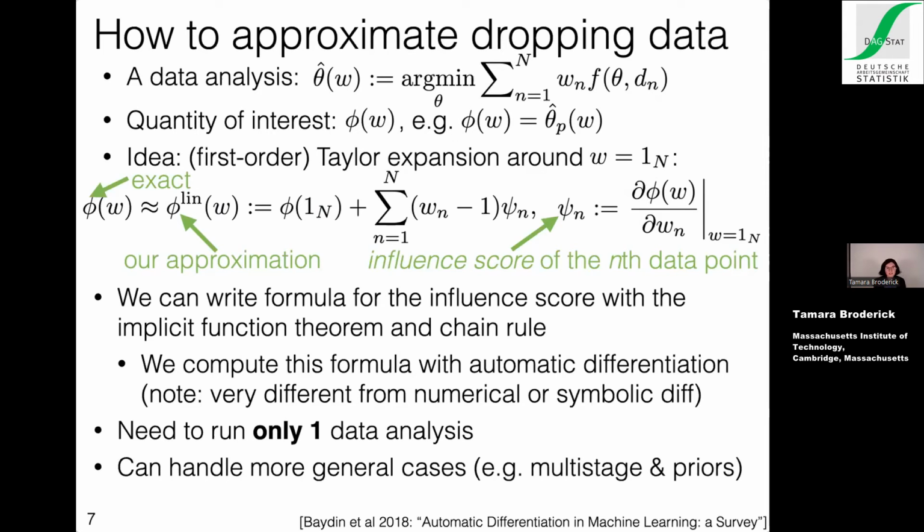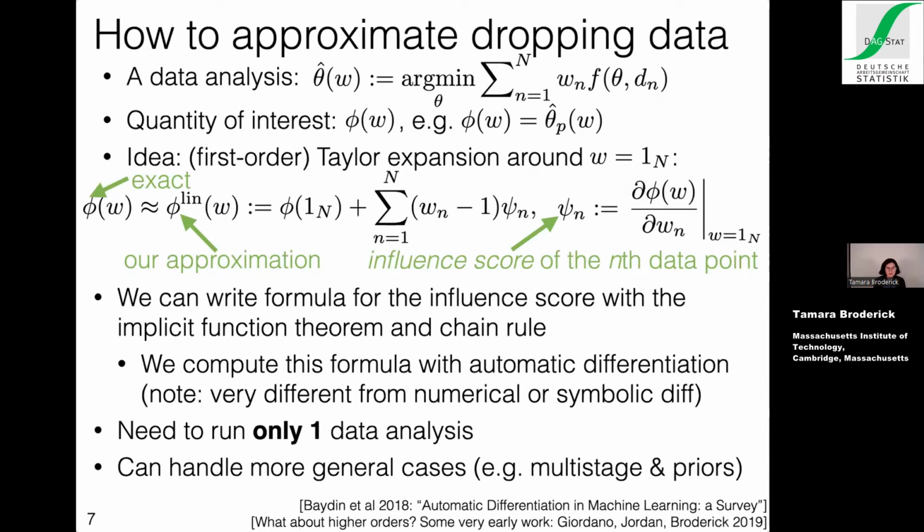As I said, this is just one particular example of a data analysis, even though it's pretty general. We can have priors, we can have regularizers, we can have multi-stage analyses. That's totally fine. You might also be thinking to yourself, hey, why stop at the first order? I could totally do a higher order Taylor expansion. And yes, that's definitely true.